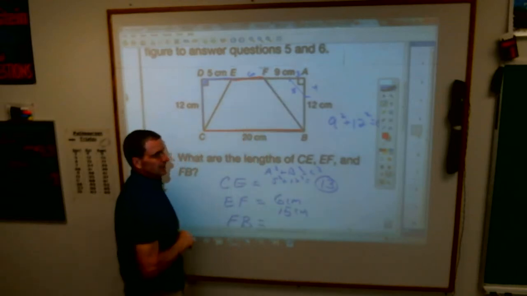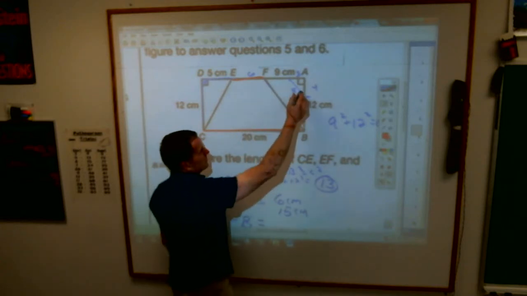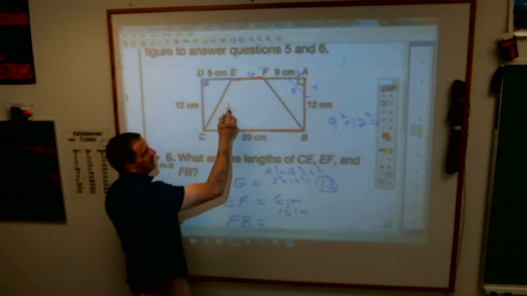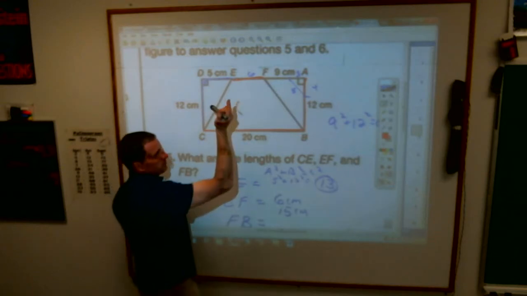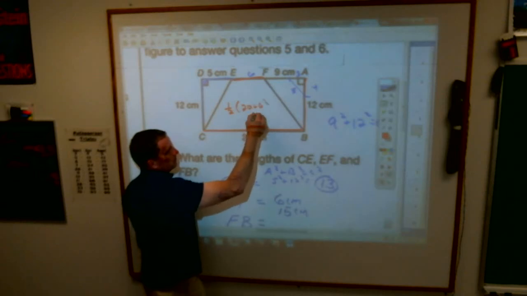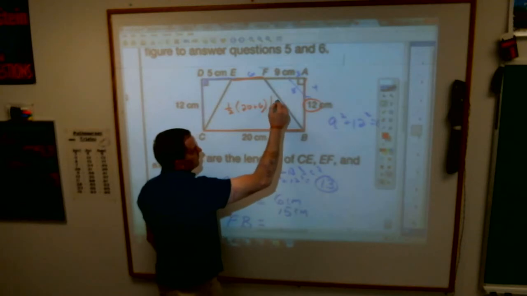And the height, just like anytime we talk about height with geometry, it has to be perpendicular to the bases, which is this line. So my formula, 1/2 base 1 plus base 2, it doesn't matter which one I put there, I'll put 20 plus 6. Base 1 plus base 2 times the height, which is 12.